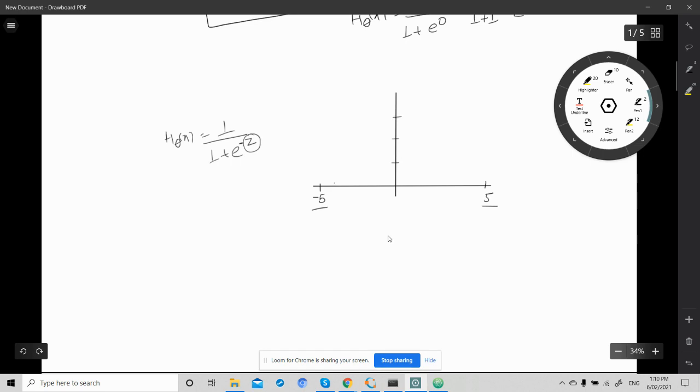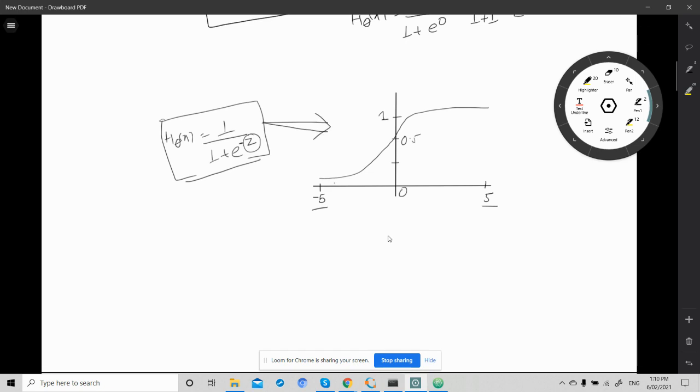Okay, so finally I will plot this, and it would be something like this. This is my 0.5, this is my 1, and this is starting from 0. So my sigmoid function, if I do a visualization of this equation, it would look something like this. So let's visualize this equation.